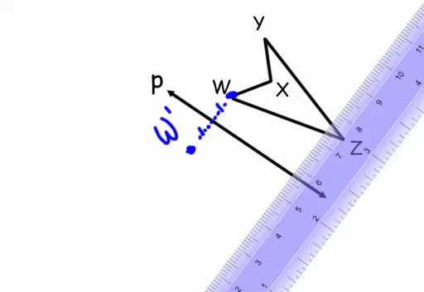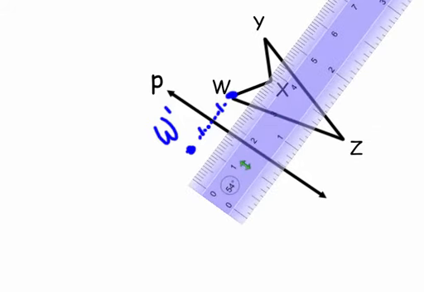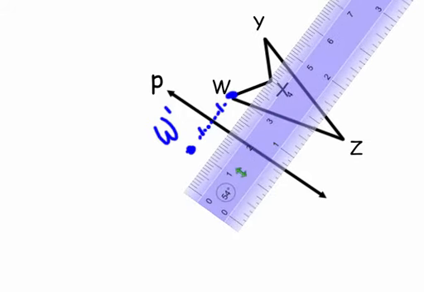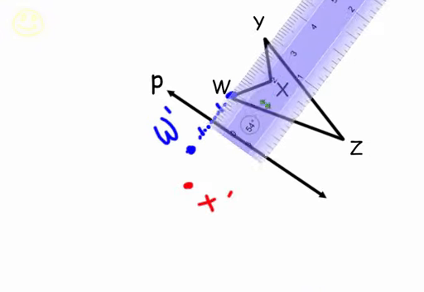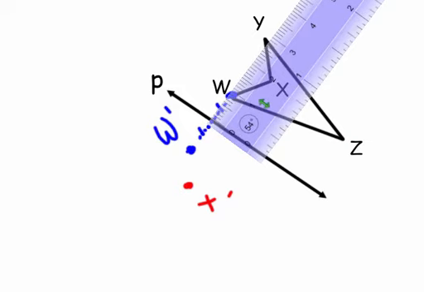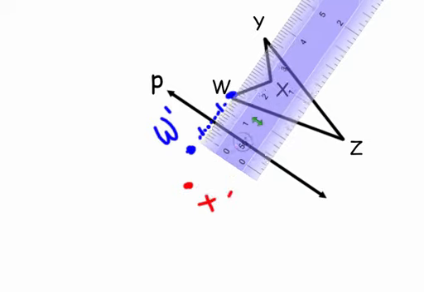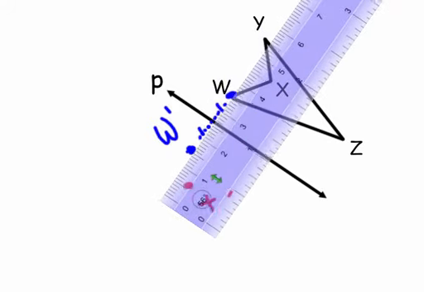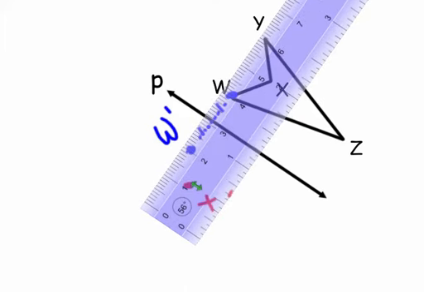And I would do that for every single point here. So let me quickly run through X. It's about 2 centimeters, so I'm going to go 2 centimeters. It's about right there, so I'm going to call that X prime. And then Y, I might have to adjust this just a little bit to get it perpendicular. Y is almost 3, so keeping it perpendicular, I'm going to measure about 3.